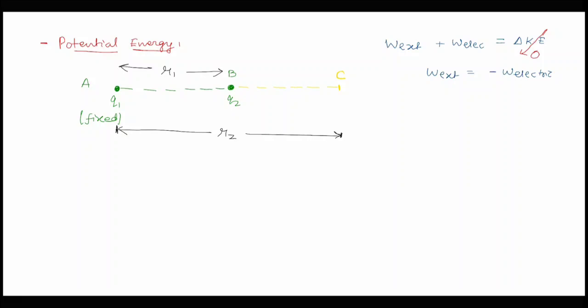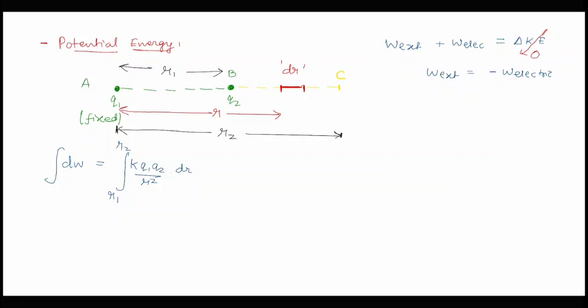So we consider a small displacement of the charge q2 in which its distance from q1 changes from r to r plus dr. During this displacement, the work done can be written as dW equal to k q1 q2 upon r square dot dr. The total work done by the charge Q2 while it is moving from B to C can be obtained if we integrate this expression from R1 to R2.